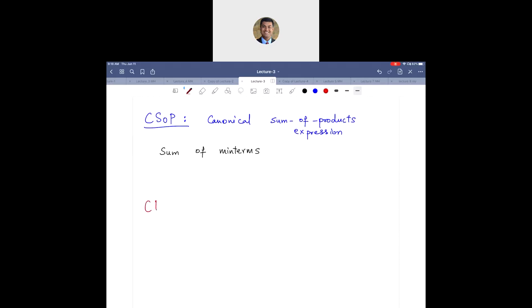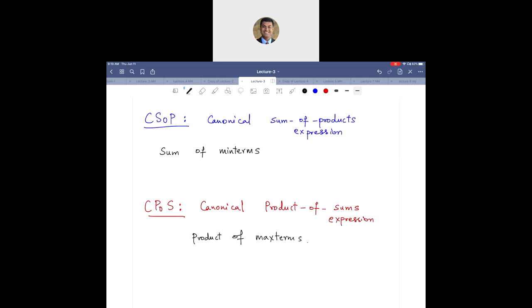Canonical product of sums. It is going to be a product of maxterms.